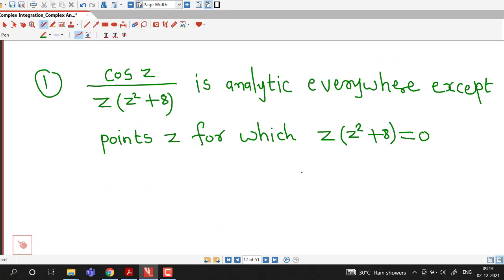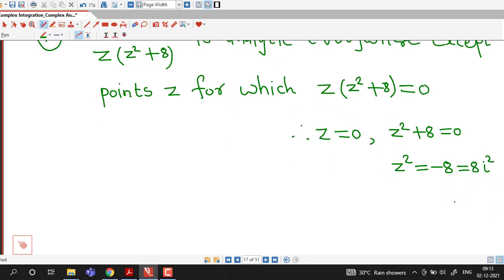If we solve this, we have z equal to 0. Another possibility is z square plus 8 equal to 0, which can be rewritten as z square equal to minus 8, and if we replace minus 1 by i square, we have z square equal to 8 i square.